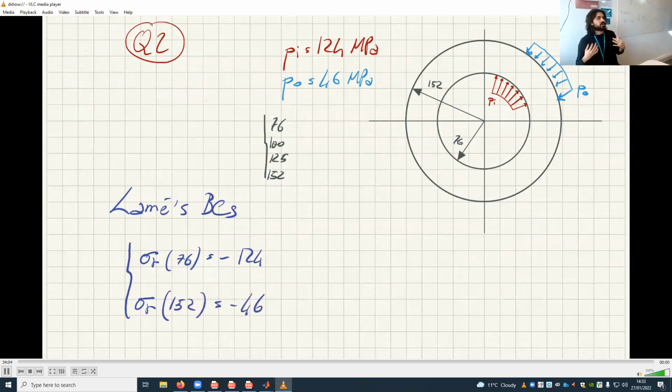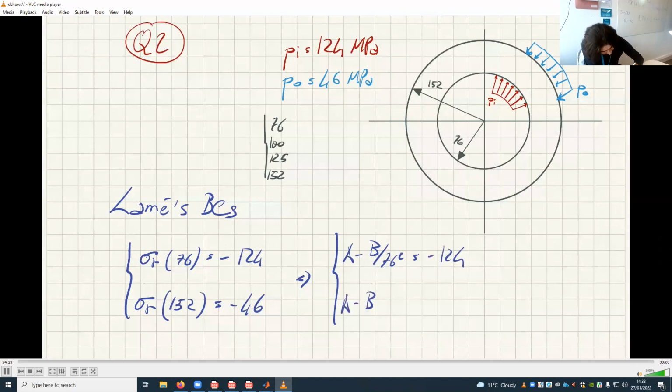The stress is compressive in nature, so it sports a negative number. And then we just use Lamé's equation one more time: A minus B over 76 squared equals minus 124, and A minus B over 152 squared equals minus 46.